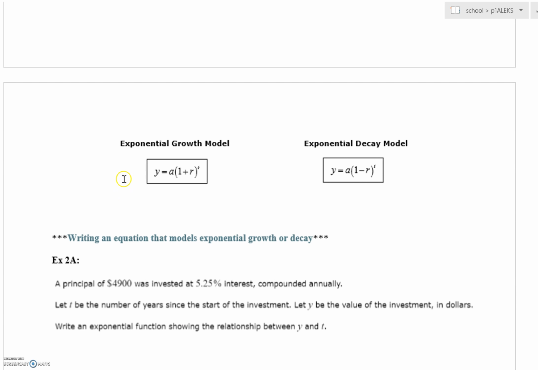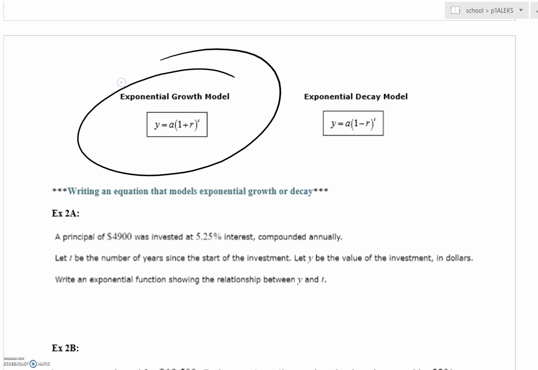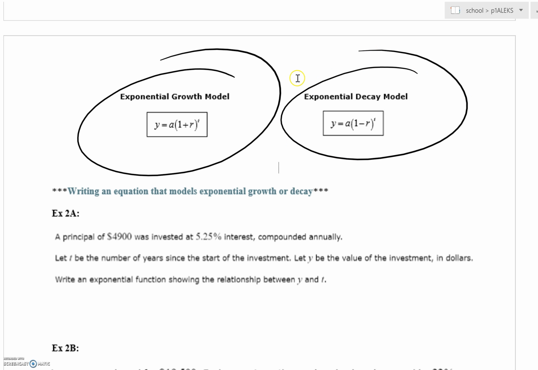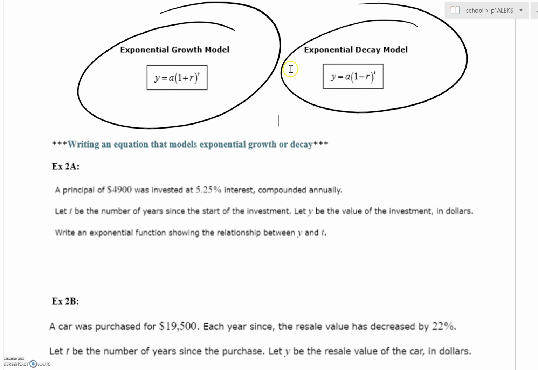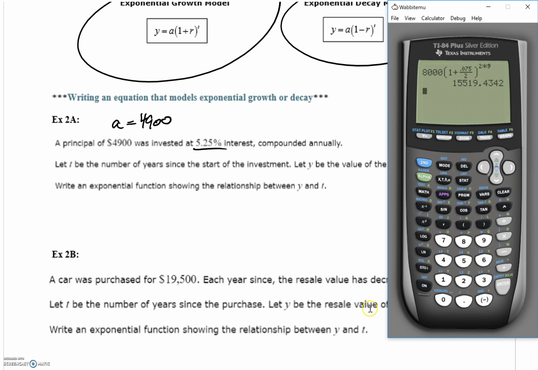Let's take a look, very quickly, at how we can deal with the exponential growth model. Y equals A times 1 plus R to the T. Decay, we've already seen that in a previous lesson. Y is equal to A times 1 minus R to the T. And let's take a look here. It says a principal, that's your A, that's what you're starting with, was invested at 5.25% interest.